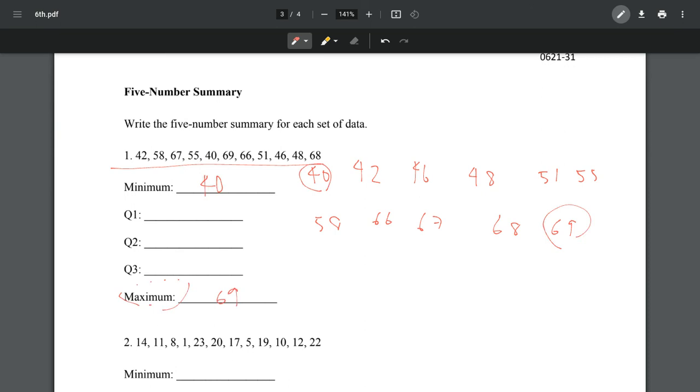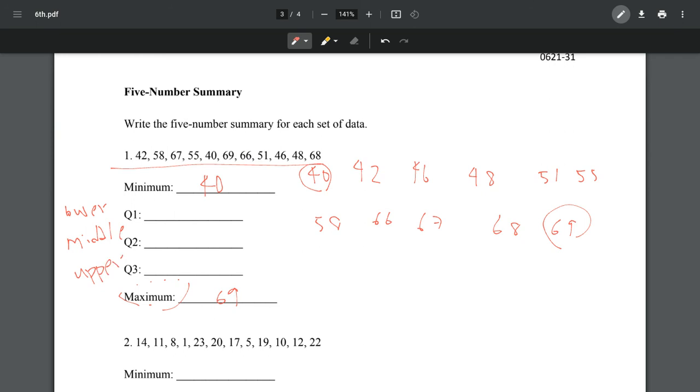And then the quartiles, so Q1, that is quartile 1, which is the lower quartile. And then quartile 2, that is the middle or the median. And then quartile 3, that's the upper quartile.